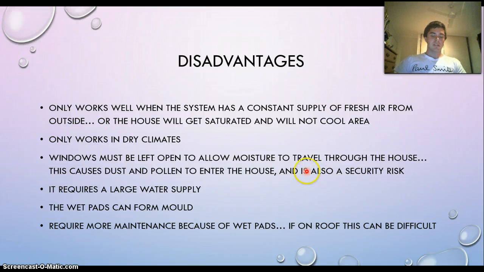Although those advantages seem great, which they are in terms of sustainability, the economical sustainability and the environmental sustainability, it also has some disadvantages which go towards social sustainability. For example, the system only works well when it has a constant supply of fresh air from outside, or the house will get saturated and will not cool the area.